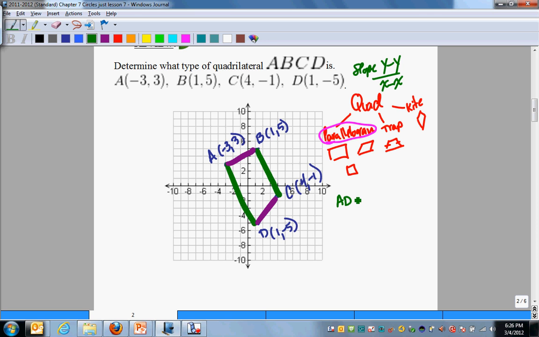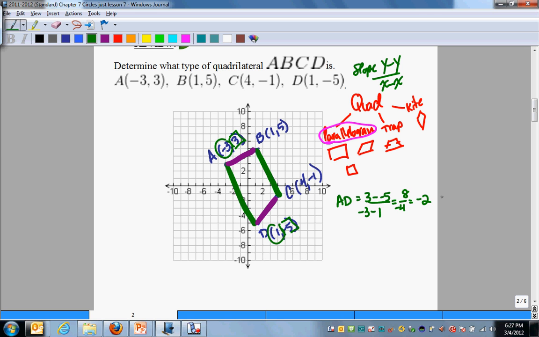So A to D slope is going to be 3 minus -5 and -3 minus 1. That's right here. This is A to D. And I end up with positive 8 over -4, which gives me -2.